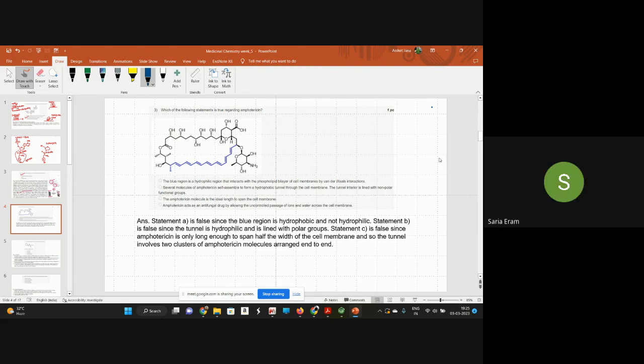Yes, an antifungal drug. It is an antifungal medication used for serious fungal infections. Okay, so we have to check. This is the structure of amphotericin. So we have to say what is true regarding amphotericin, right? So now we are coming one by one.